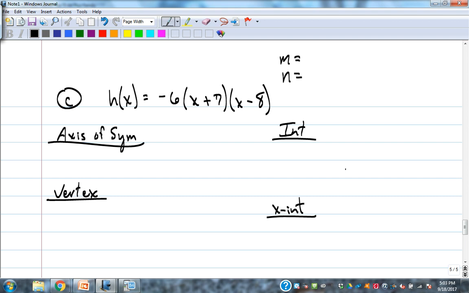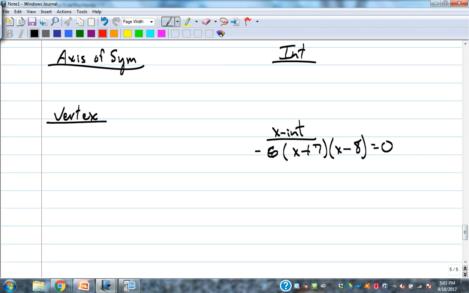Because if I get the X intercepts, what do I have? I have M and N, and then I can use those shortcuts, right? So I'm going to set -6, X plus 7, X minus 8 equal to 0. I would divide by -6 just to get rid of it.